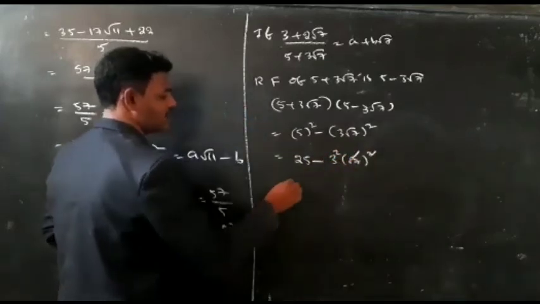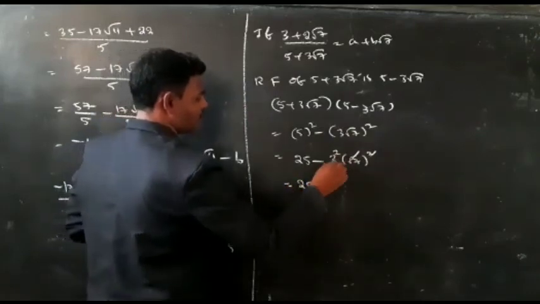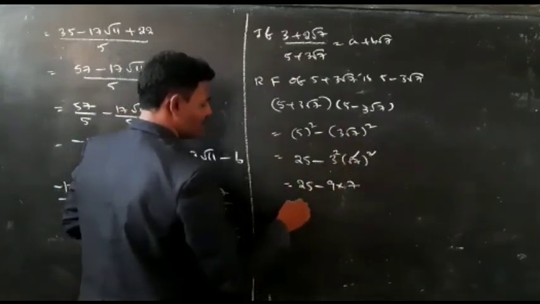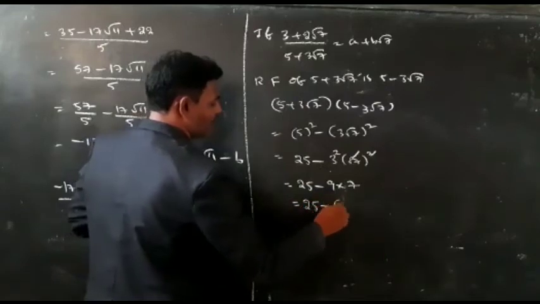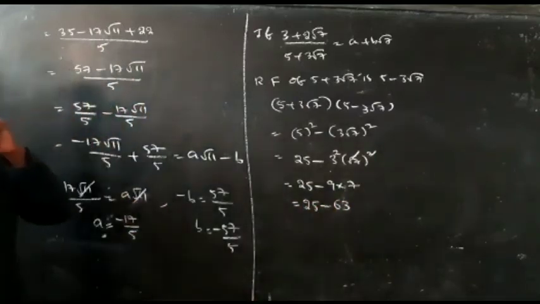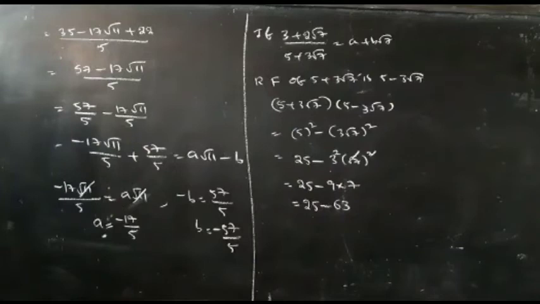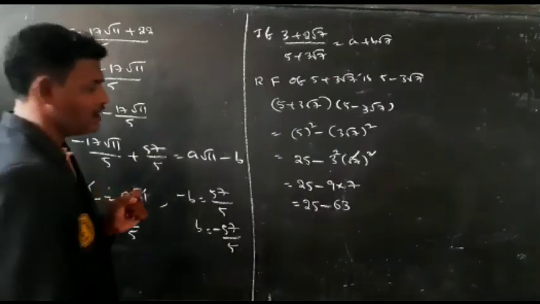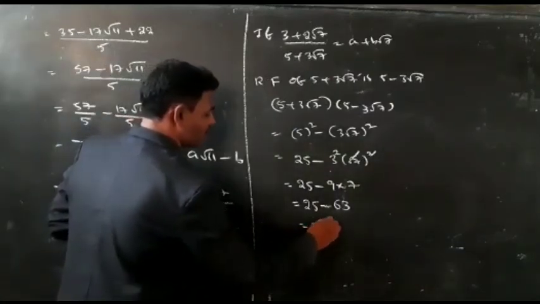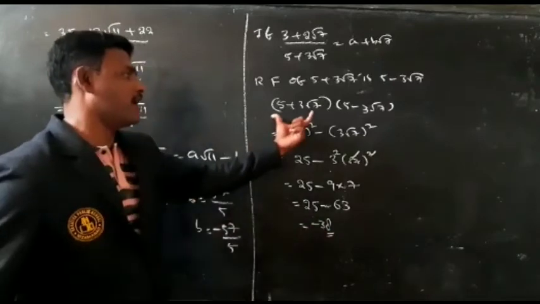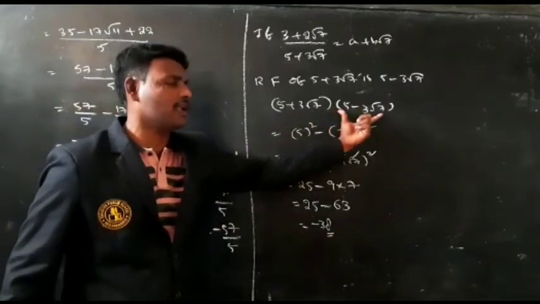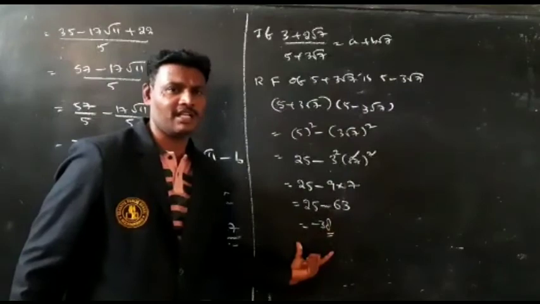Square and root get cancelled. 25 minus 3 square means 9 into 7. So 25 minus 9 sevens are 63. It is 25 minus 63 is equal to minus 38. The product of 5 plus 3 root 7 into 5 minus 3 root 7 is minus 38.